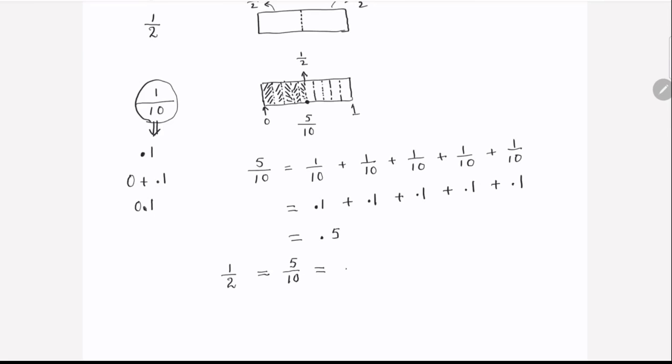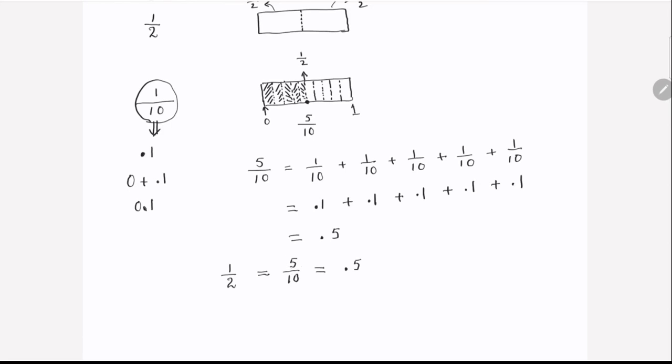We put a point, so you are going to write only the tiny parts after this, and 0.5. So what it means is the whole is divided into 10 tiny parts. We don't have any whole, and we have taken only 5 of those tiny parts, and they are not even 1/2, one whole.